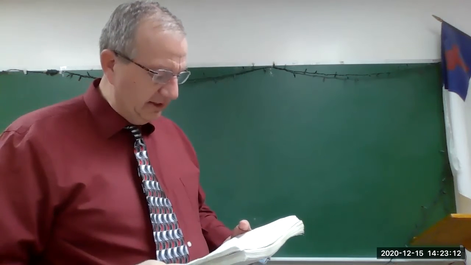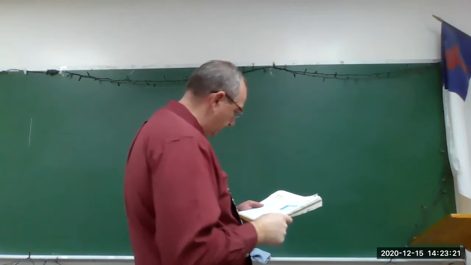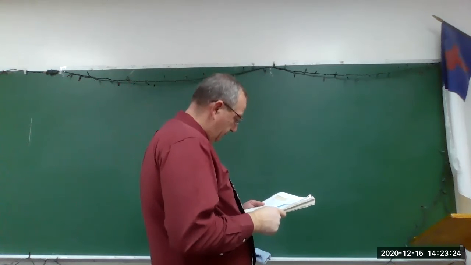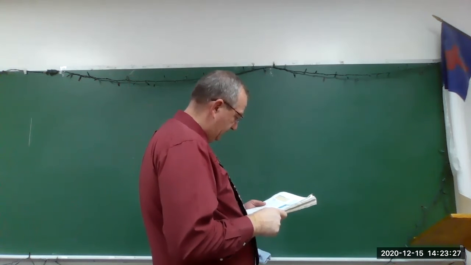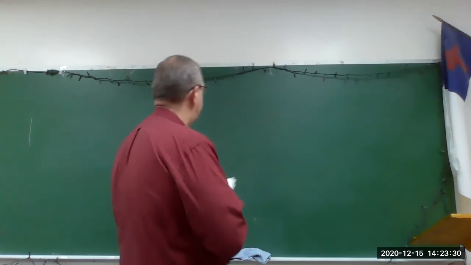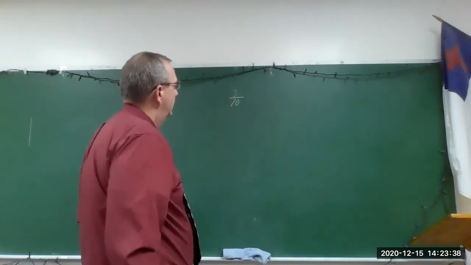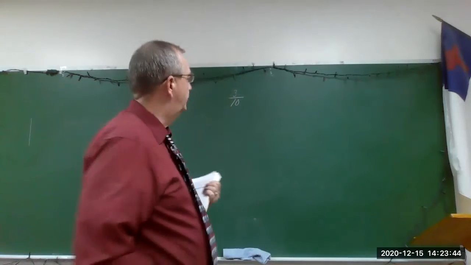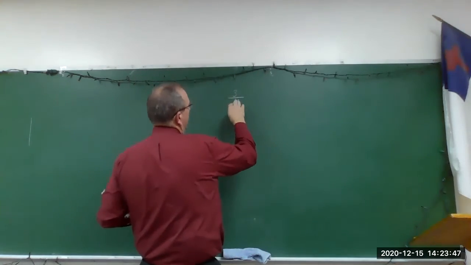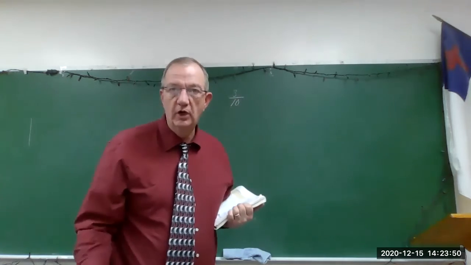Now, I am going to do some a little differently, okay? Well, they've switched some things up on us here, so let's go ahead and do things the way they've done them. Okay. Let me see. 3/10. Let me just show you a different way of doing this, okay? 3/10. Okay. Now, we know that the percentage is so much out of 100, right? So if I take the 10, what do I need to multiply that by to get to 100?